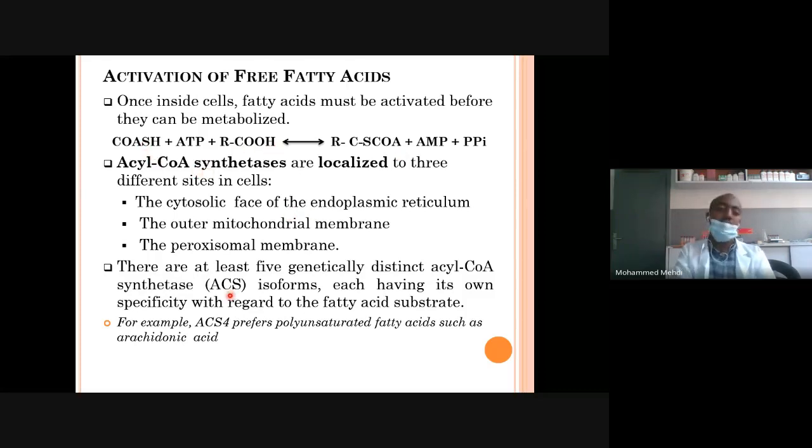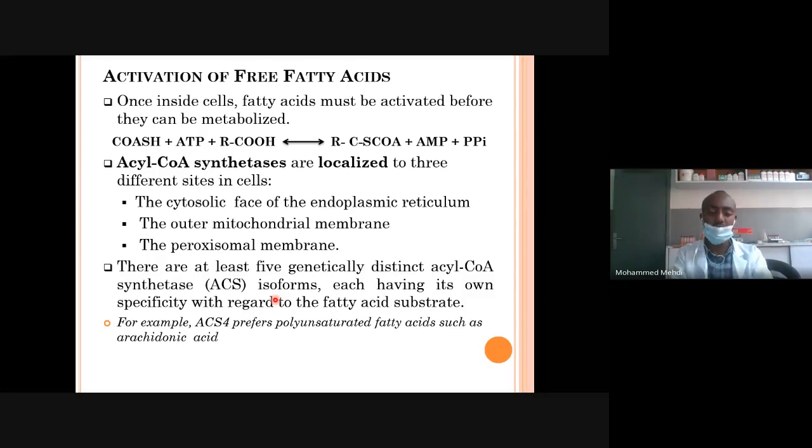active form. There are three isoenzymes, or isoforms, for fatty acids of different carbon lengths. Short chain fatty acids need short chain fatty acid CoA synthetase. Medium chain fatty acids have their own isoform called medium chain fatty acid CoA synthetase.